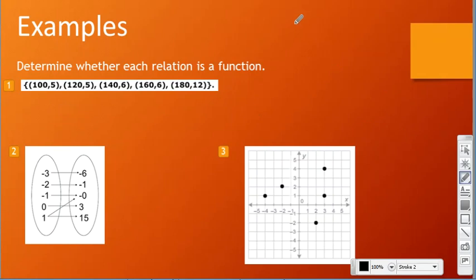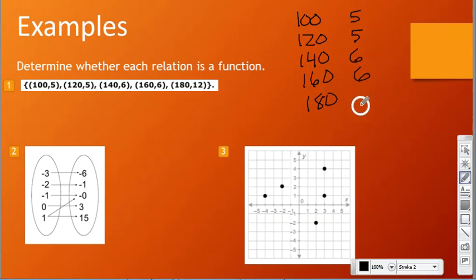I think the easiest way to see whether this is a function or not is to do it as an arrow diagram. So we have 5, we have 5, we have 6, we have 6, and we have 12.